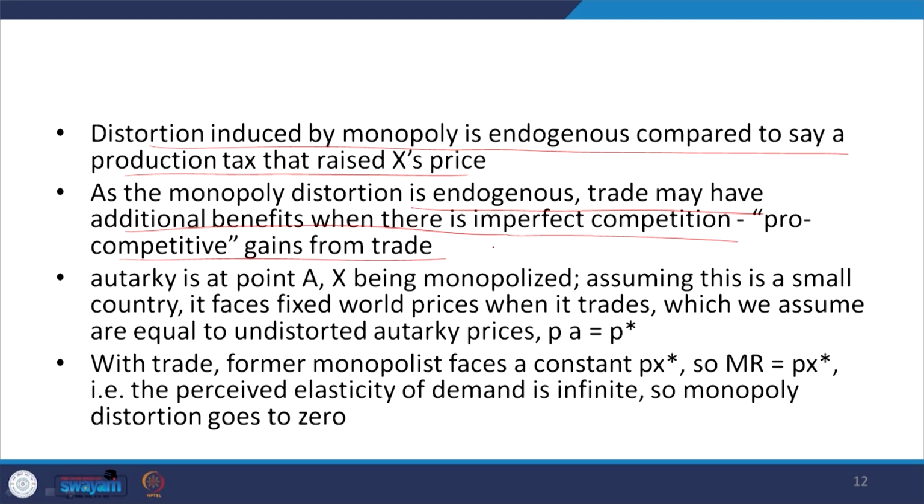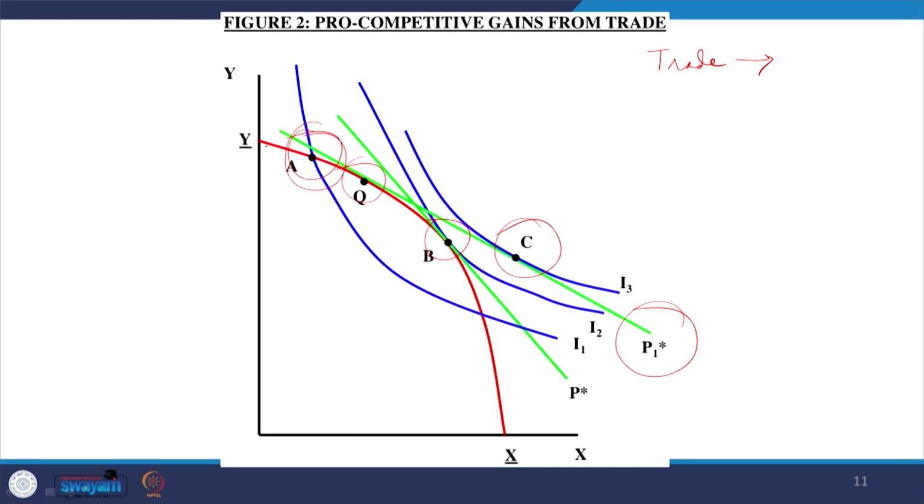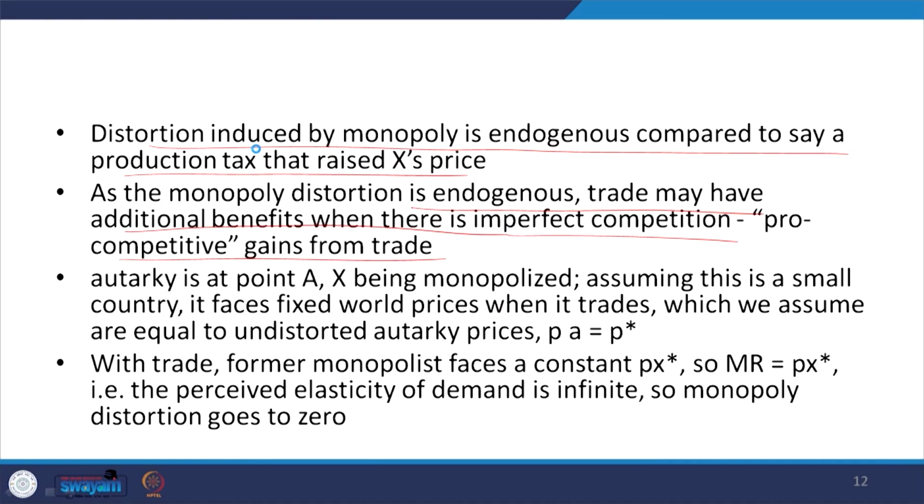The autarky point, which used to be defined at point A, as I discussed before on this figure, is no longer going to be defined. The autarky point is going to change, and with commodity X being monopolized, assuming this is a small country, it faces fixed world prices when it trades, which we assume are equal to the undistorted autarky price.